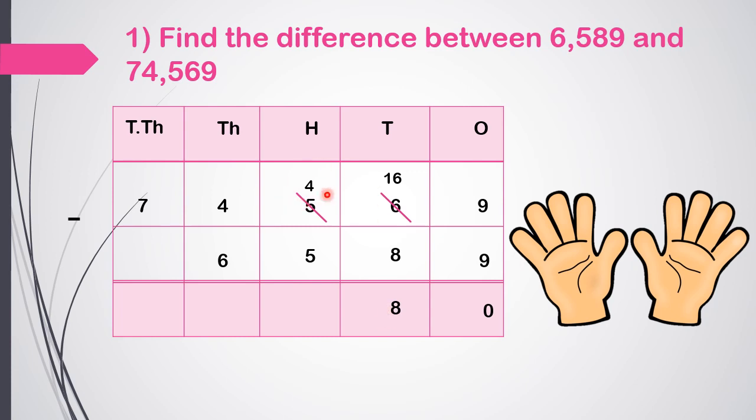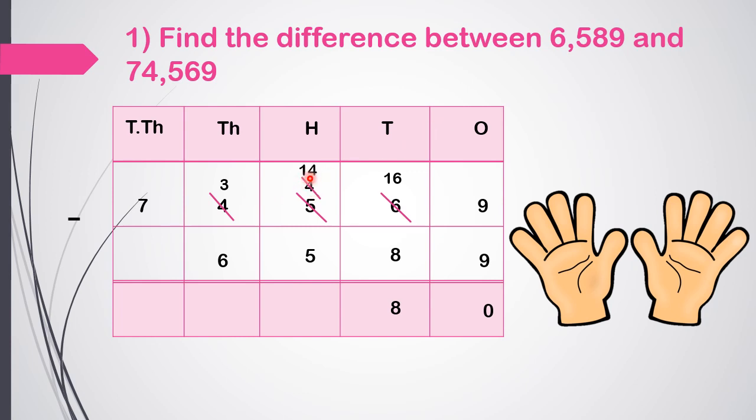Now we move on to the next column, hundreds column. 4 minus 5. Can we subtract 5 from 4? No. We have to borrow from the previous number. So here 4 becomes 3 because it gave 1. Now 10 plus 4, we get 14.